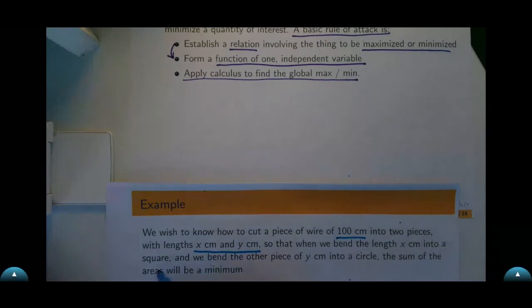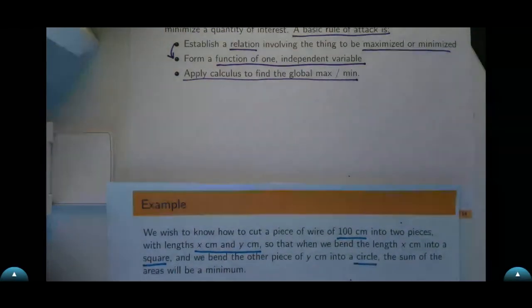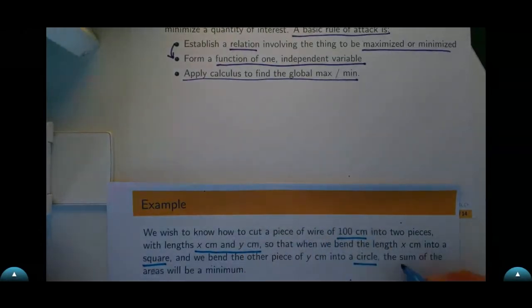The first piece you make into a square, and the second piece you make into a circle. And the question is, how should I cut the wire so that the sum of the areas will be a minimum?